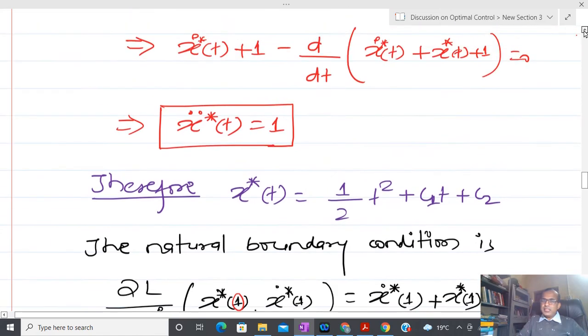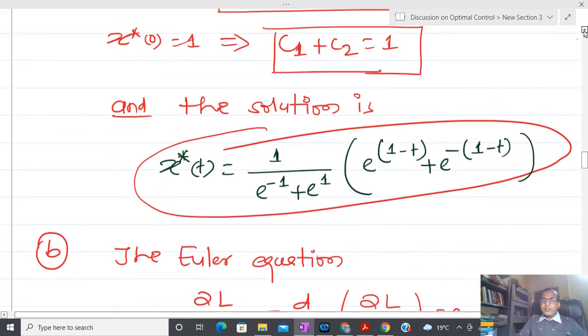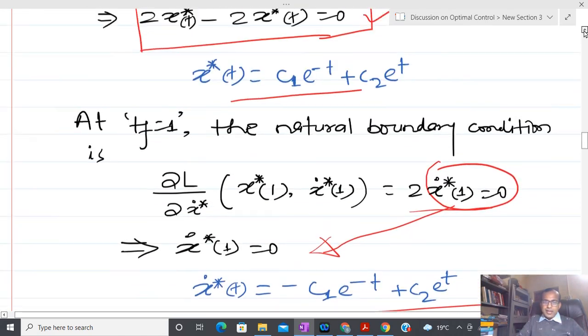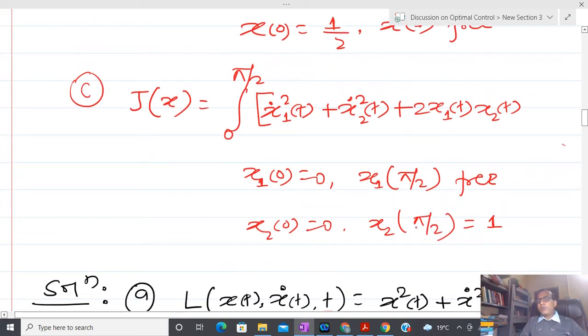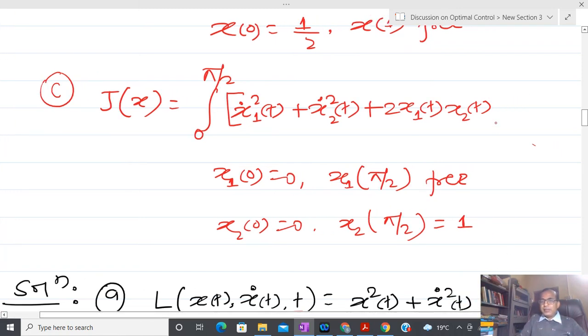The third question is a little bit more complicated, and I will now take hints from you to solve this question. Here you can see that the performance measure I have defined is x dot square t, x dot square t, 2x1 x2, like this. Okay, something is missing here. I hope that dt is missing.